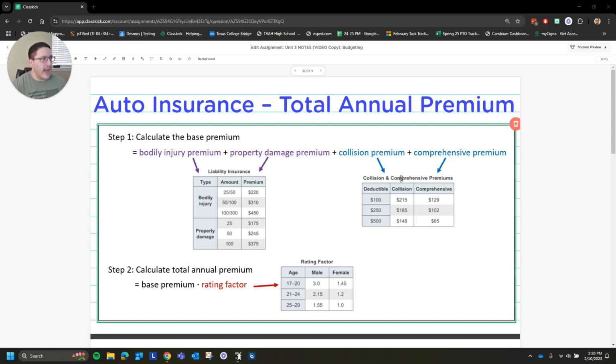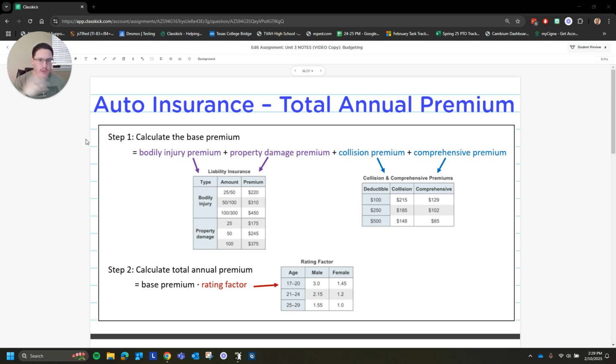Then you have collision and comprehensive premiums, which is a type of insurance that covers your vehicle. Collision insurance covers damages from accidents, while comprehensive insurance covers damages from non-collision events. So collision is things that happen to your car that are mostly human error.